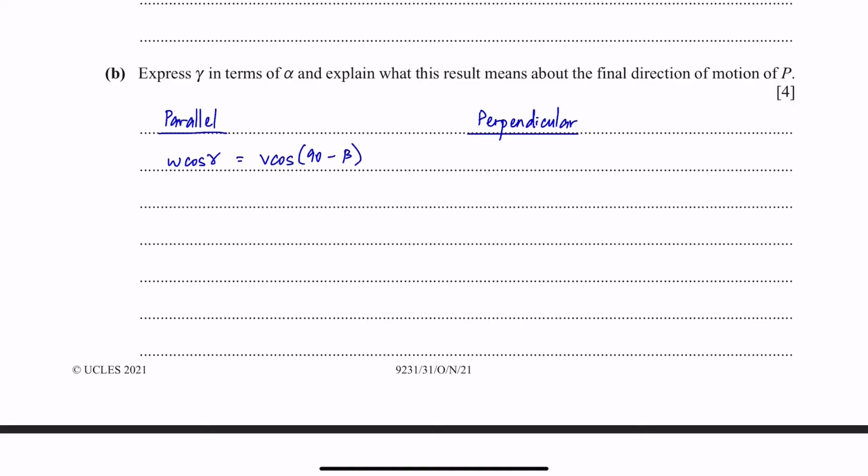And we can simplify this to w cos gamma equals v sin beta. Cos (90 minus x) can be written as sin x.